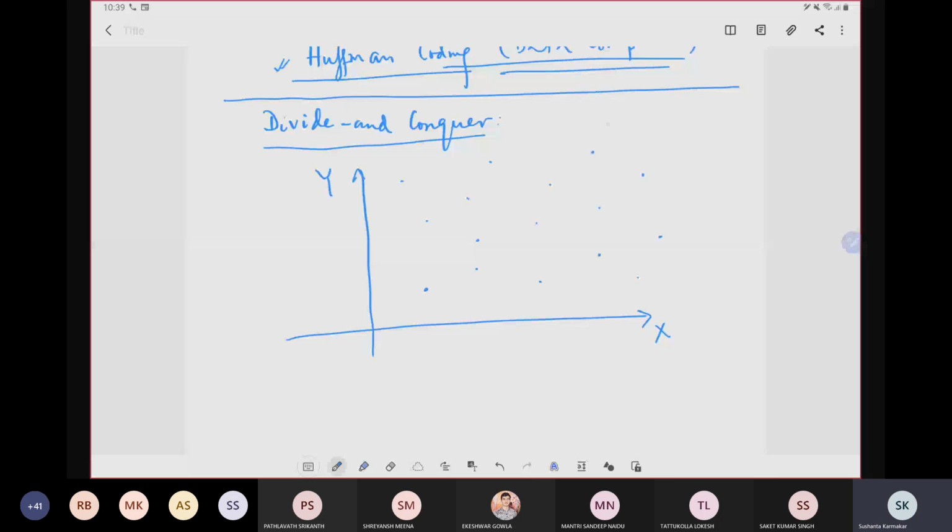Now if you take any 2 points, like this and this, let's say point ui and point uj, you join them by a straight line, and then you can calculate the distance of this separation. You know the standard formula: the square root of xi minus xj whole square plus yi minus yj whole square, taking the positive root.